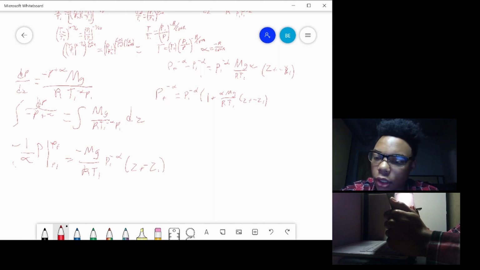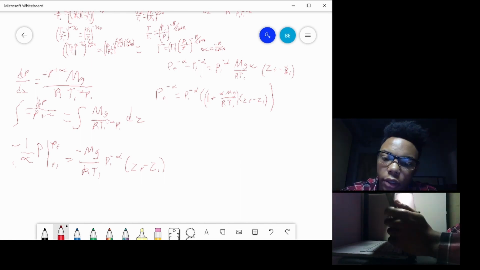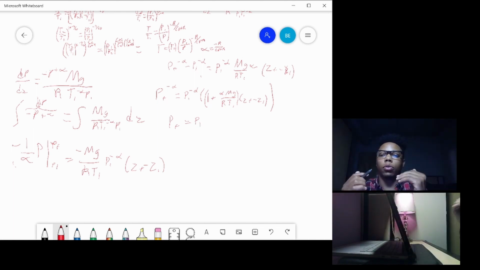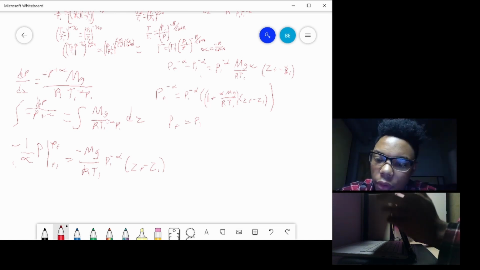That sums that, that sums that, that's in there. And now we're going to take that negative alpha and distribute it across the entirety, so PF is going to be equal to P1 because we're going to multiply everything by negative 1 over alpha.